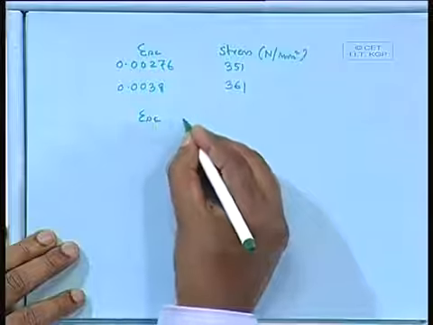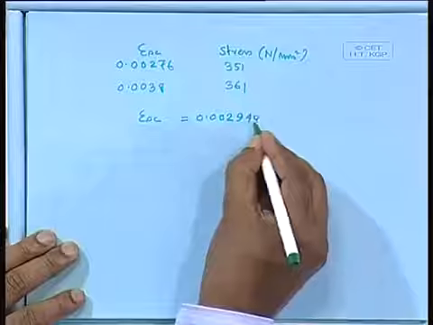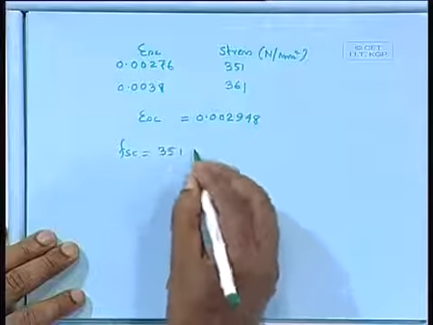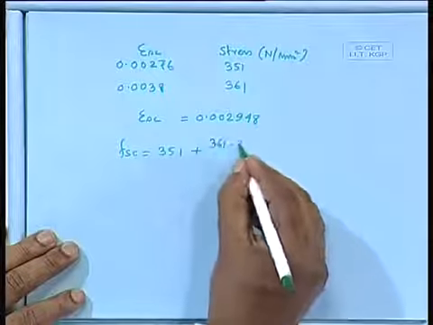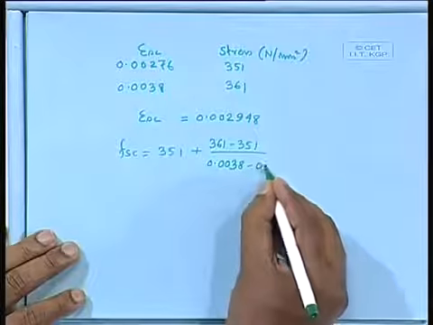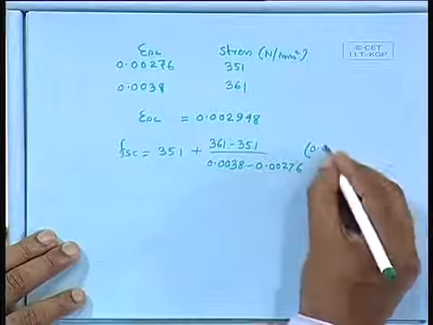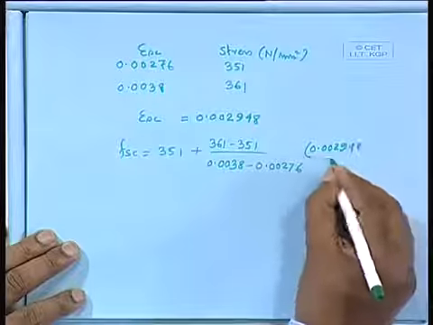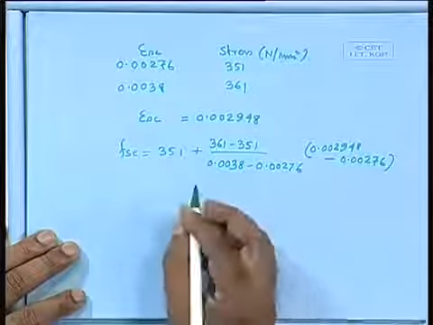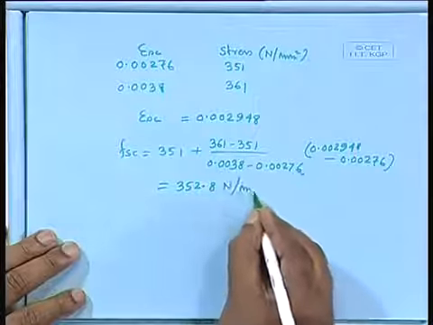Therefore, epsilon sc computed 0.002948, fsc equal to 351 plus 361 minus 351, let us make it multiplied by 0.002948 minus 0.00276, equals 352.8 Newton per square millimeter.